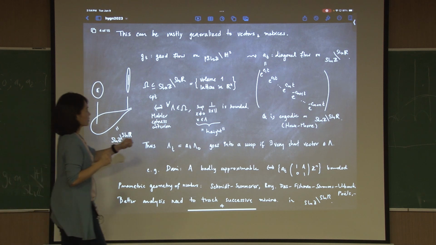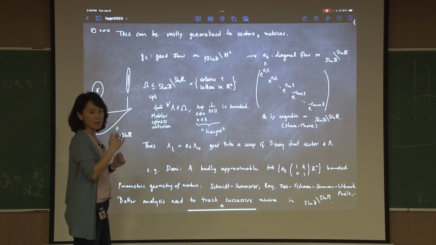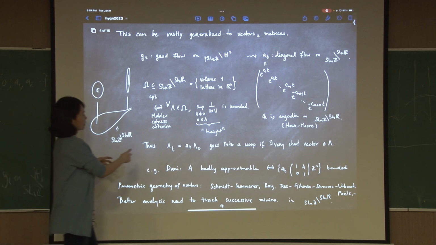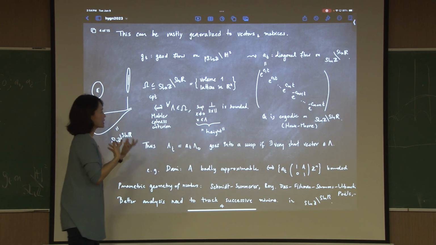In other words, the maximum of 1 over the length of the shortest vector is bounded above. So this 1 over length of the shortest vector plays the role of the height.